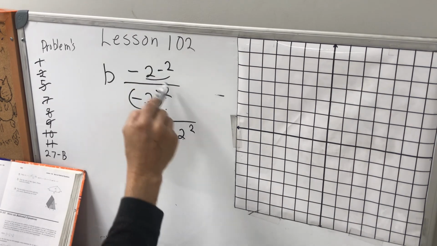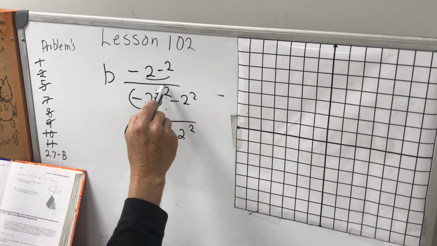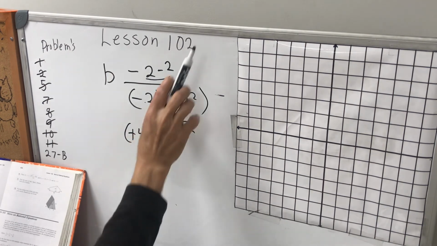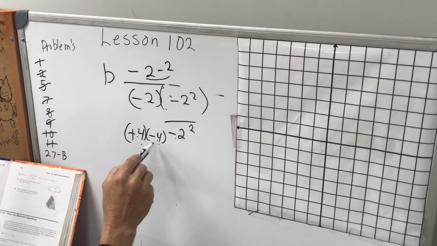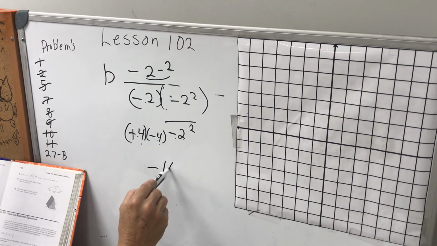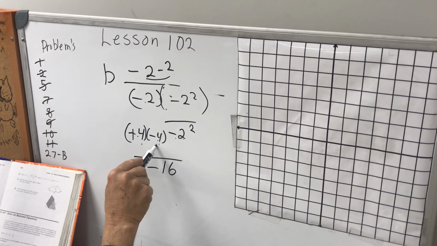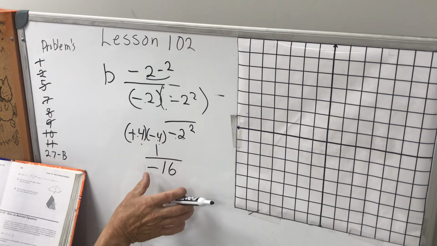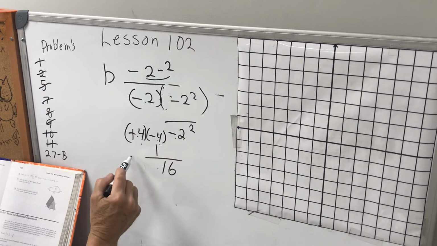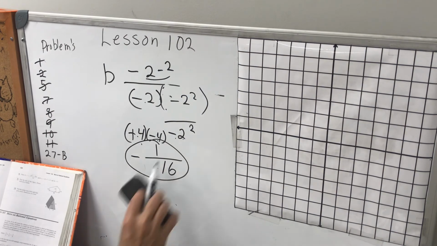Brought this down, what you really did was brought this down, negative 2, and that becomes a multiplication problem. Positive 4 times negative 4 is a negative 16. Remember, they're all on the bottom, so we have to put that on the bottom with a 1 on the top. That's a negative problem, so it's going to be a negative 1 over 16.